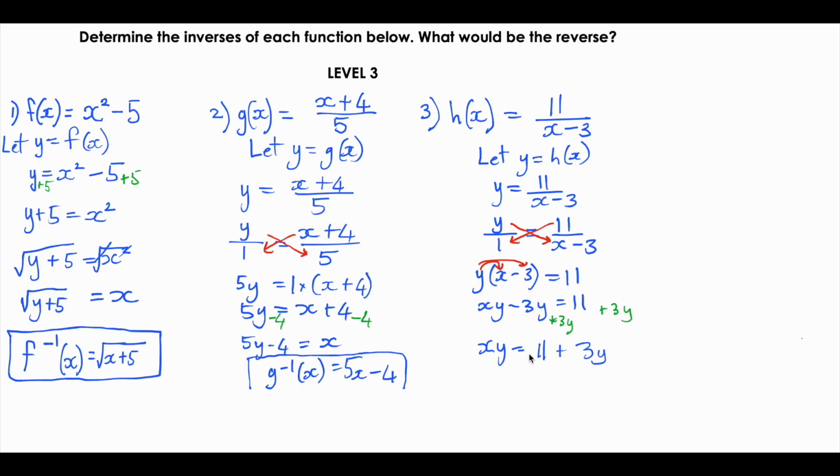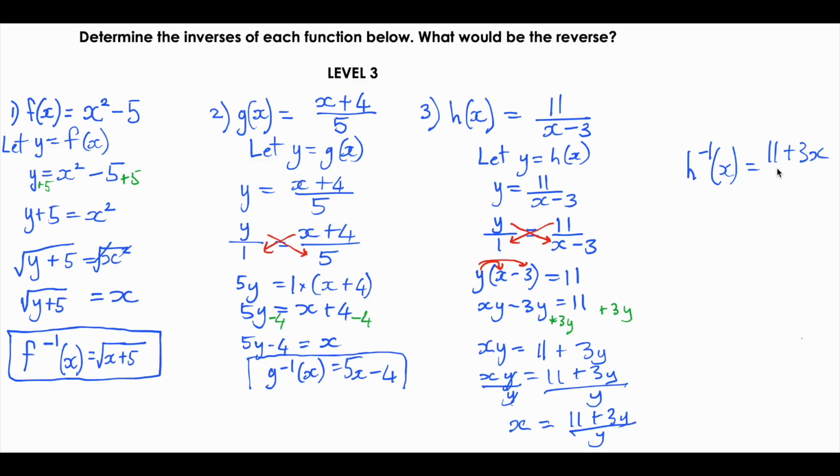And then now we divide both sides by y. And that's what we're left with. x is therefore equal to 11 plus 3y over y. So once we interchange now, we'll get that the inverse of h is equal to 11 plus 3x over x. Alright? So I want y'all to take that down, and then I'll give you some to try just like this.